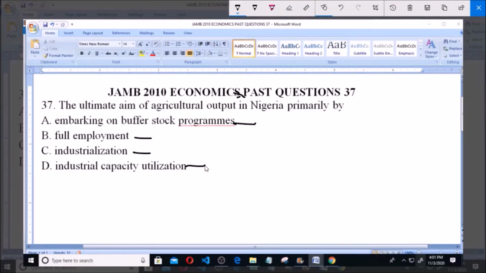So from this, option A says embarking on buffer stocks. So option A is the correct option.